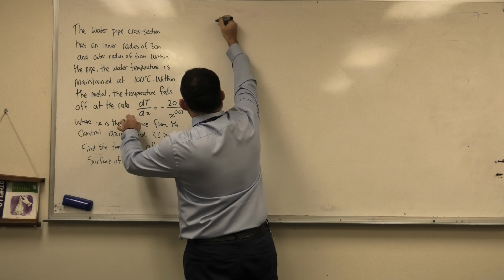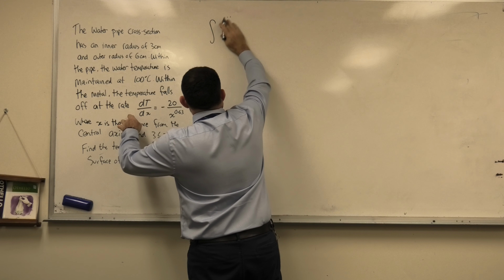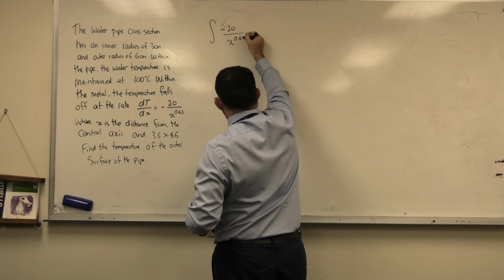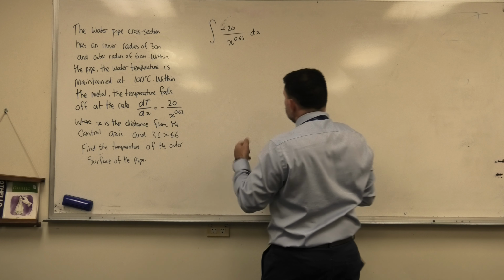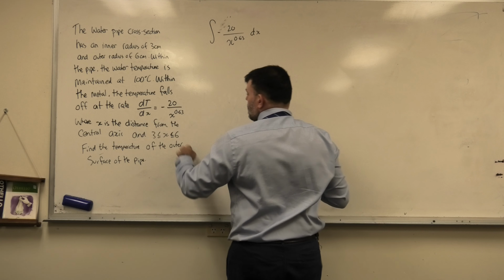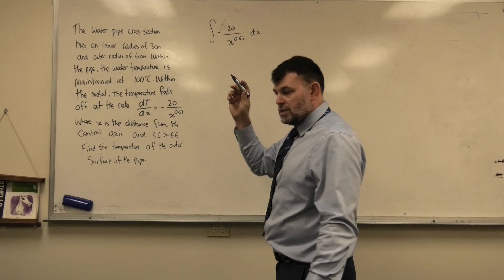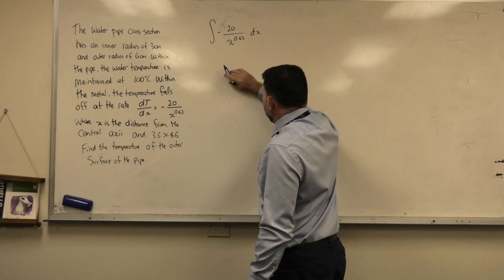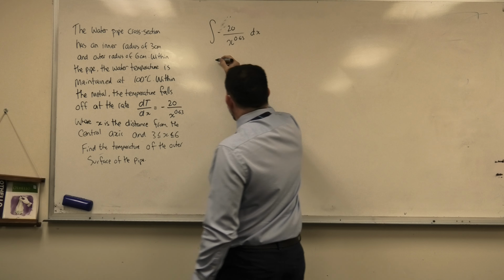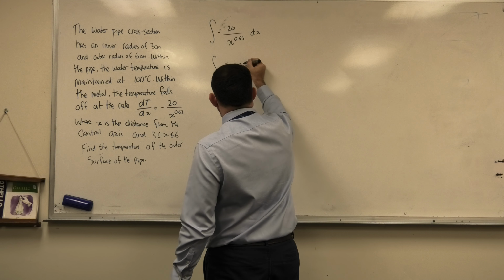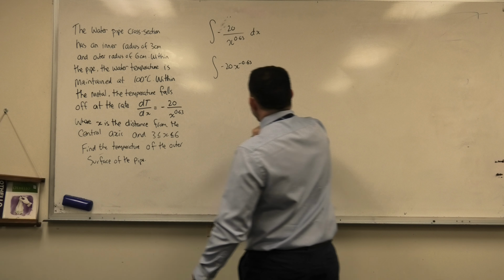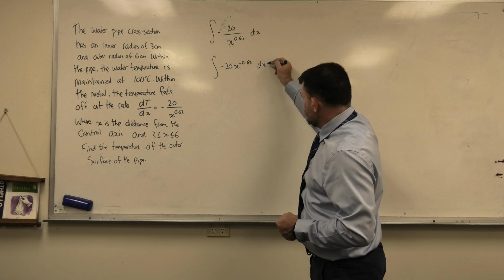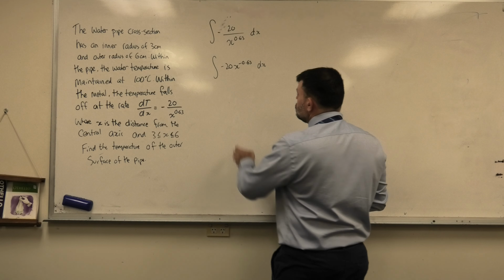So we know that we have the integral of negative 20 over x to the power of 0.63 dx. This is the rate at which the temperature is falling. So we want to integrate this. If we bring everything up, we're ready to integrate.